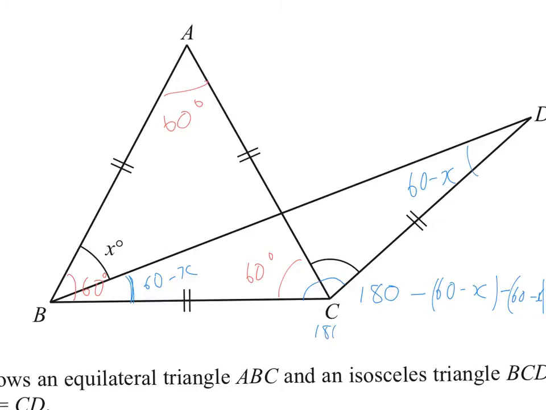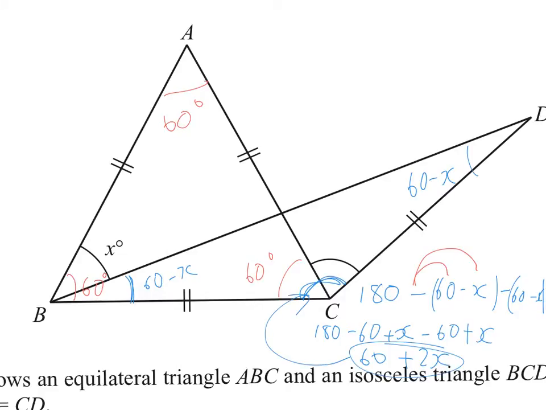So that's 180, take away 60, effectively I'm multiplying this bracket here by minus 1, so that's going to give me minus 60 plus x, again the same here, minus 60 plus x, so that leaves me with 180 minus 60 minus 60, so that gives me 60 plus 2x. So this angle all the way around here is 60 plus 2x.